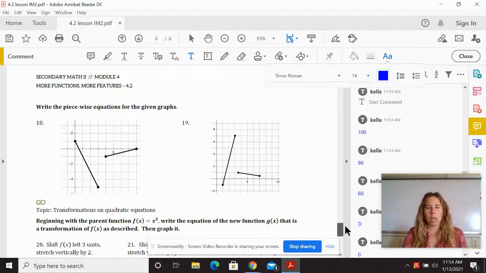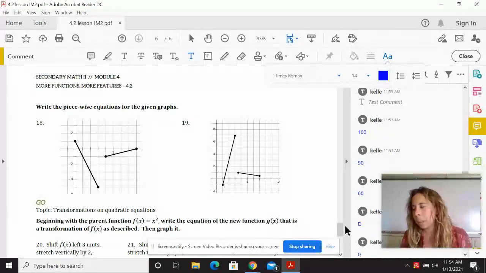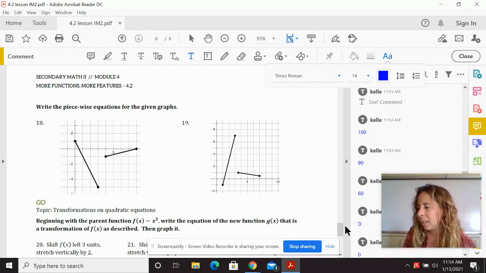Okay. Number 18 and 19 is very similar to, well, all right, I'm not going to write the equations for you. I think you can do that. What I'm going to tell you is these are not continuous. I cannot draw this graph without picking up my pencil.